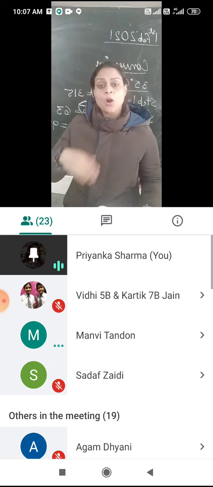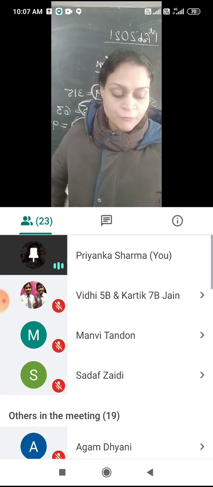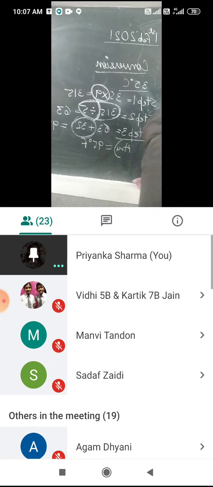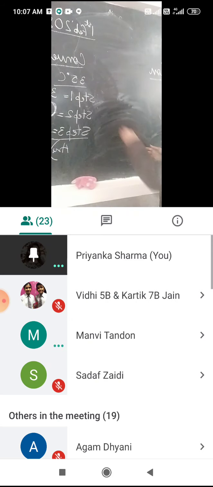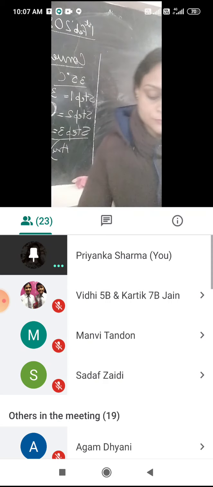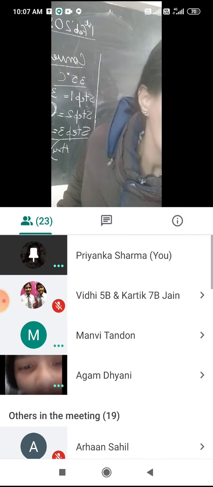Now if you have to do opposite, Fahrenheit into Celsius. You have to do opposite. You have to convert now Fahrenheit into Celsius.